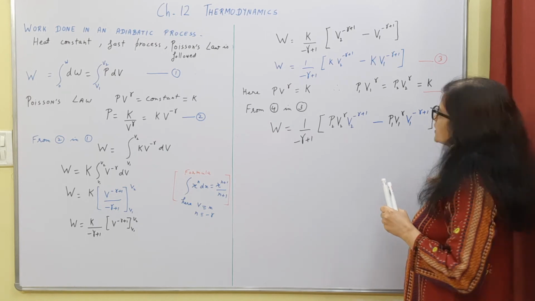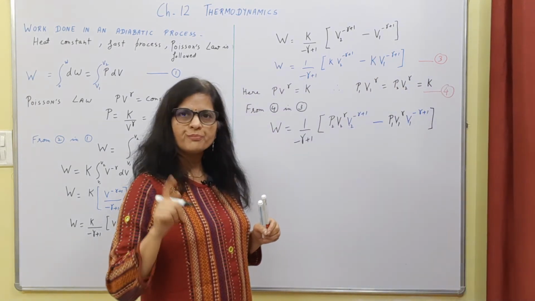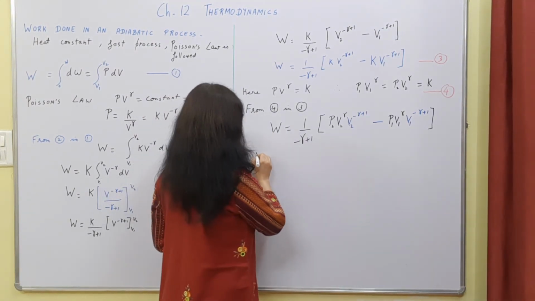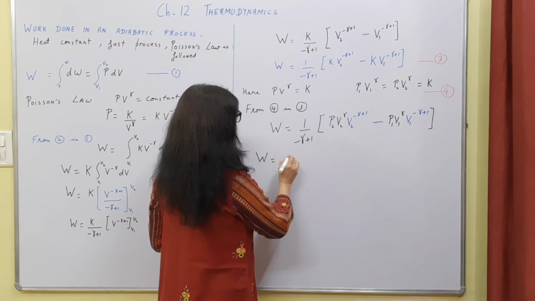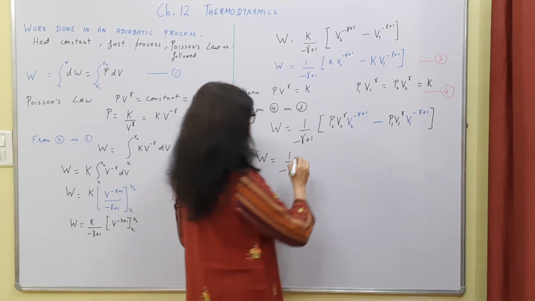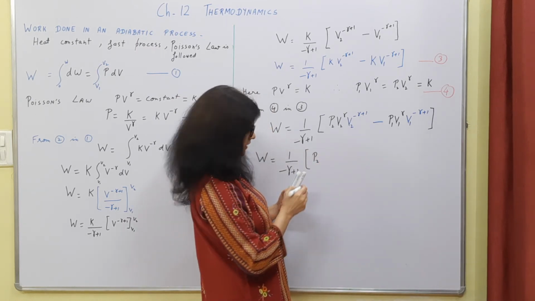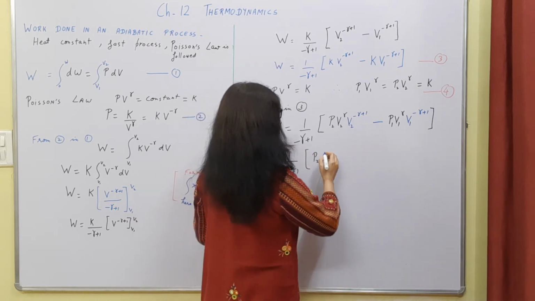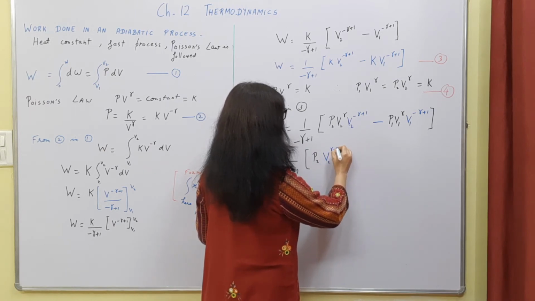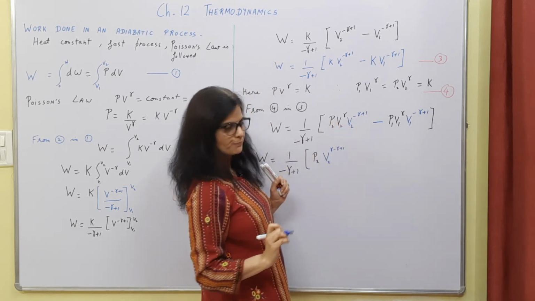Now the equation will become very simple. Why? Because we know that if bases are same, then the exponents are added. So from here w is 1 by minus gamma plus 1, and here p2 as it is, right, and v2 to the power gamma minus gamma plus 1. These are added because the base is same.